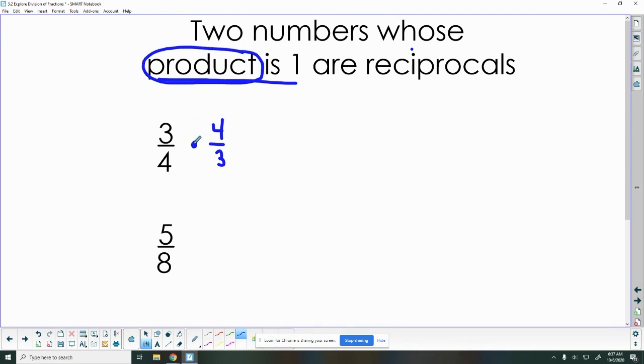So when I multiply here, let's see what happens. 3 times 4 is 12. 4 times 3 is 12. 12 divided by 12 is 1. So the answer is 1. The answer to a multiplication problem is 1. So when you multiply something by its opposite, you get 1.